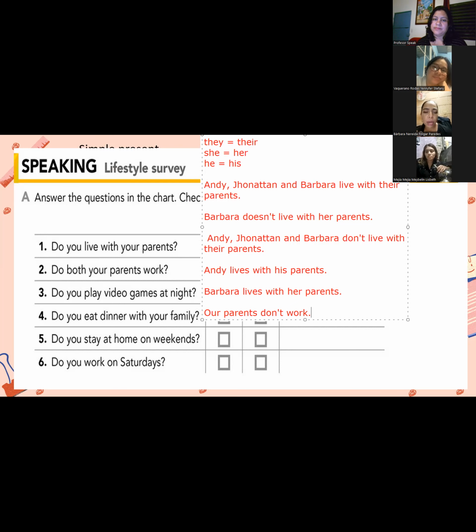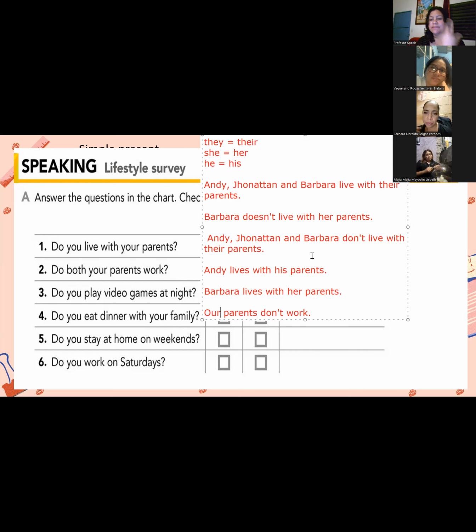Y eso podría ser como el general que incluye a las 3 personas del grupo. Yes, porque es como nuestros, our. Es como que los possessive adjectives les facilitan las cosas. Porque, por ejemplo, en lugar de decir Andy, Jonathan and Barbara, podría usar they: they don't live.